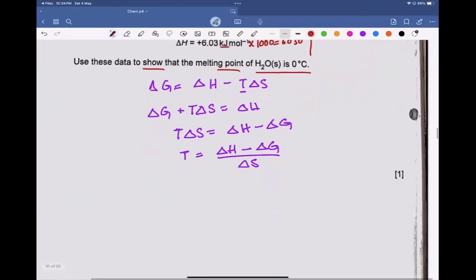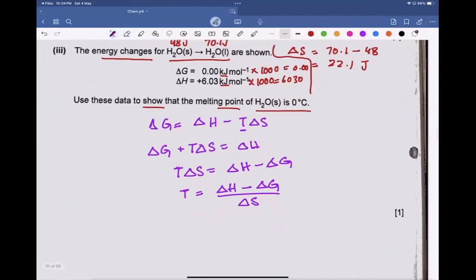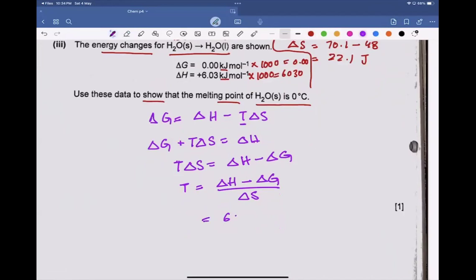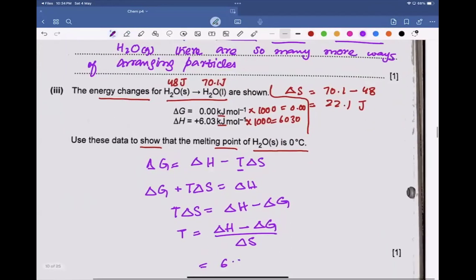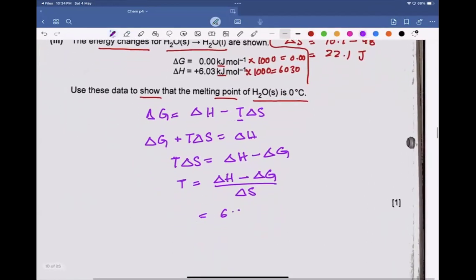Okay. Now we have turned everything into joules, right? So the delta H is 6030 minus 0 over 22.1.